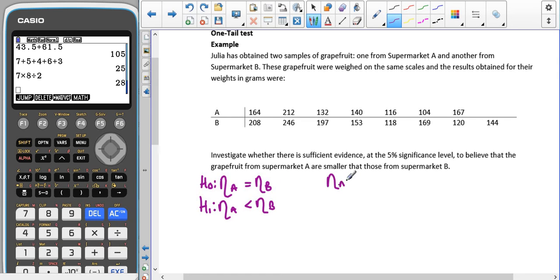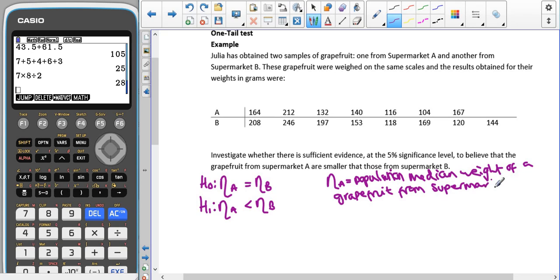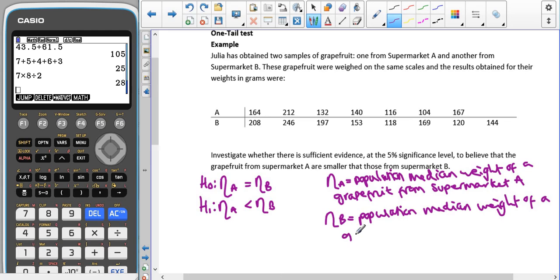So median A is the population median weight of a grapefruit from supermarket A, and median B is the population median weight of a grapefruit from supermarket B.